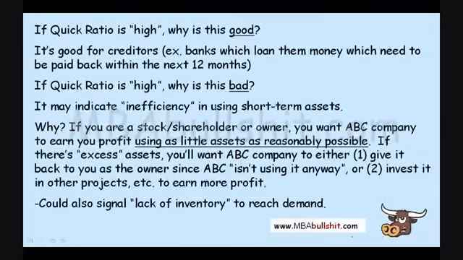And if you don't have much inventory, maybe you lack inventory to meet the demand of your customers, and that's a bad thing, of course, because then you risk losing your customers, who will be unhappy if you don't have any inventory to supply them with.